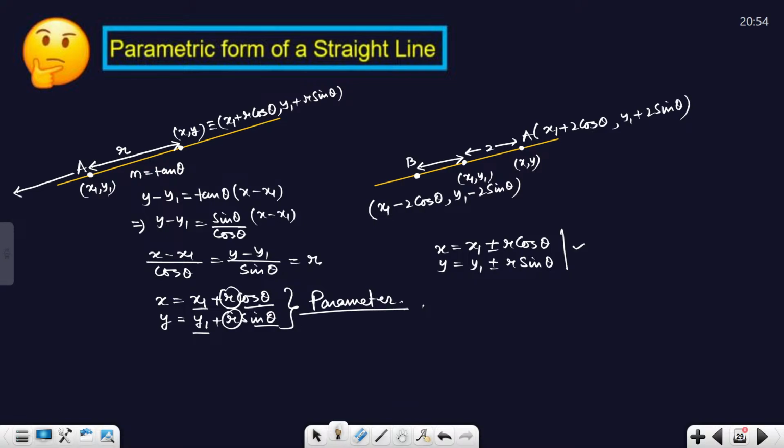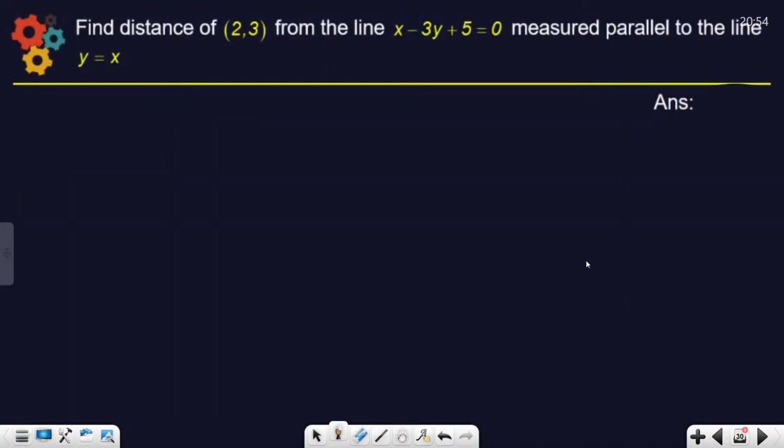Okay. Let us take an example. Suppose this question is given to us. What is the question? Find the distance of points.